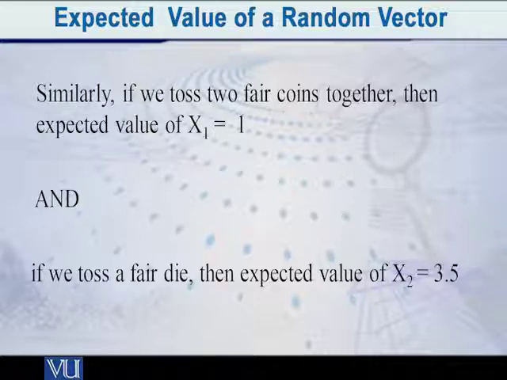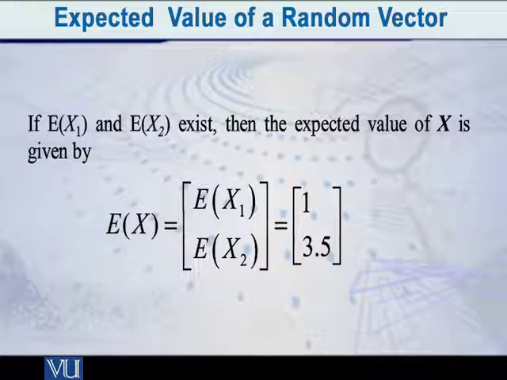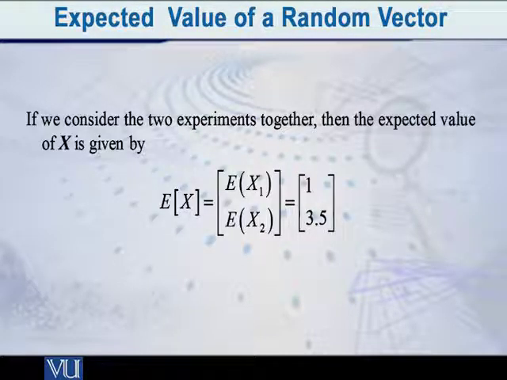So then, if you are considering these two variables, x1 and x2, together in the form of a random vector, then we can say that the expected value of the random vector X is equal to the vector E of x1, E of x2, and now that we have the numerical values of E of x1 and E of x2, 1 and 3.5, we can insert them there, and our final conclusion is that E of X, where X is the random vector, is the vector 1, 3.5.